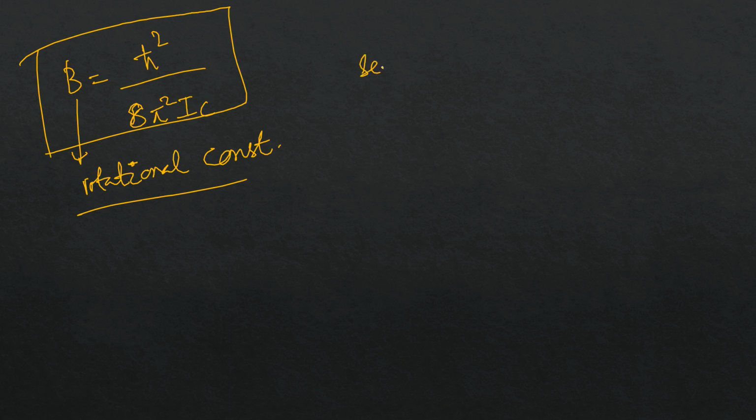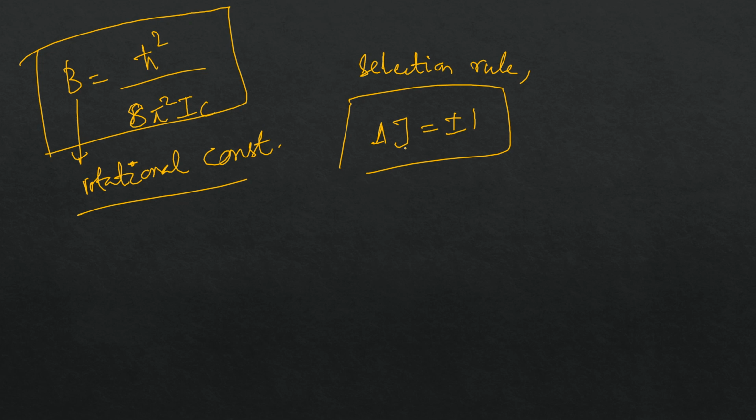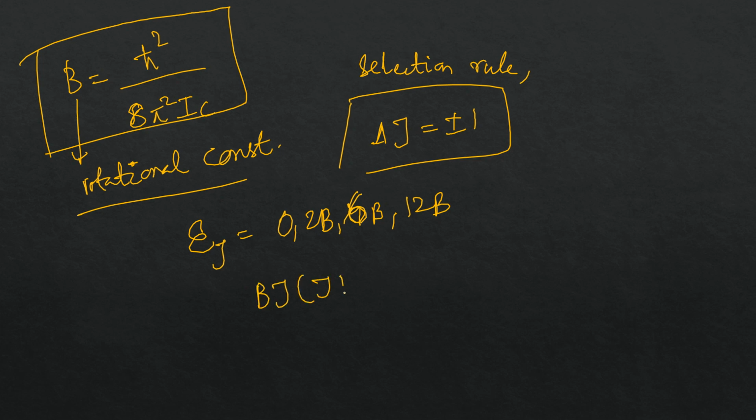The selection rule here is delta J equals plus or minus 1 in pure rotational spectra of a diatomic molecule as a rigid rotator. The E_J values will be 0, 2B, 6B, 12B, like that. Because E_J is B J into J plus 1: if J is 0, it's 0; if J is 1, then 1 into 2, that is 2B.